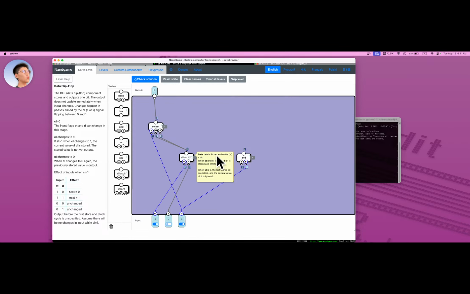Okay, now we need to build another version of data latch. For example, here, it stores a bit also, but it emits at the same time.